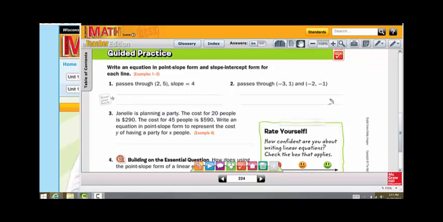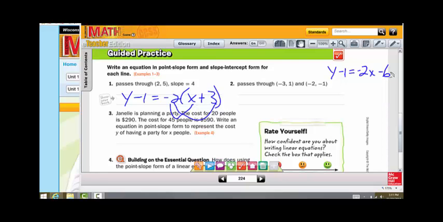Let's get some clear space here. So I'm going to write that over here. We had y minus 1 equals negative 2 times the quantity x plus 3. Now we have to turn that into slope-intercept form. Y minus 1 equals negative 2 times x, which is minus 2x, and negative 2 times positive 3 would be a negative 6.